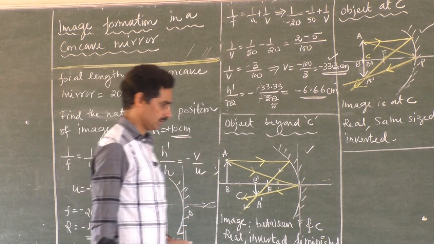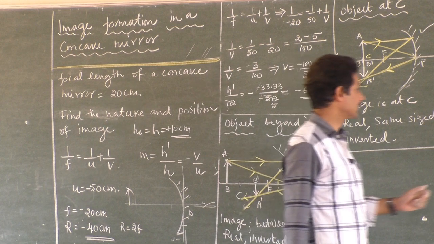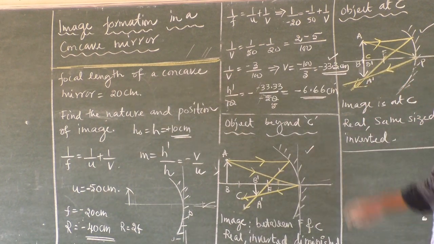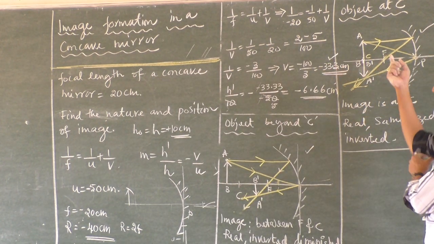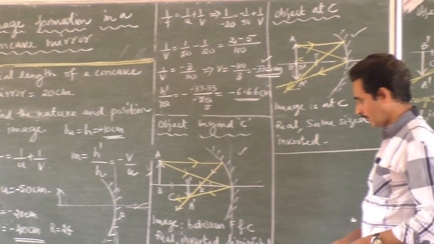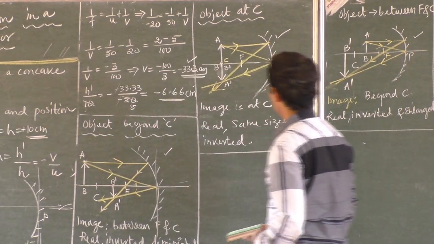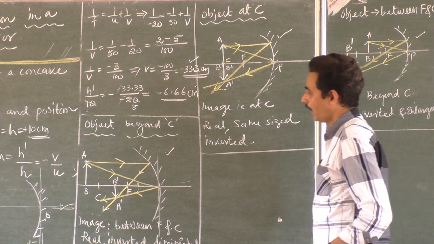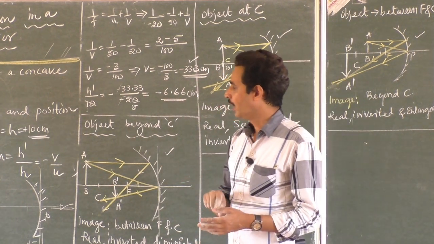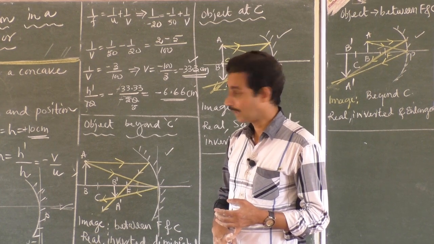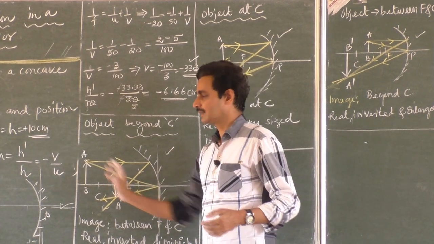Now we will change the position. Okay, let us keep the object at C. Shall we get the image at C? Same sized, inverted. I think I can go a little faster now. Everything is same. Mirror, focal length 20, minus 20, because concave mirror on the other side.